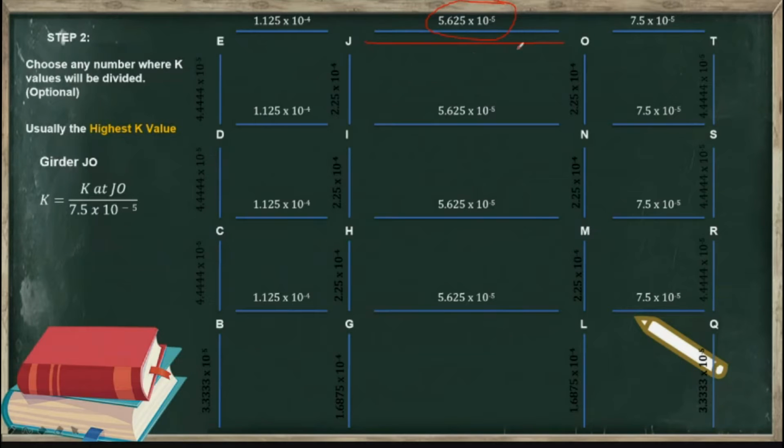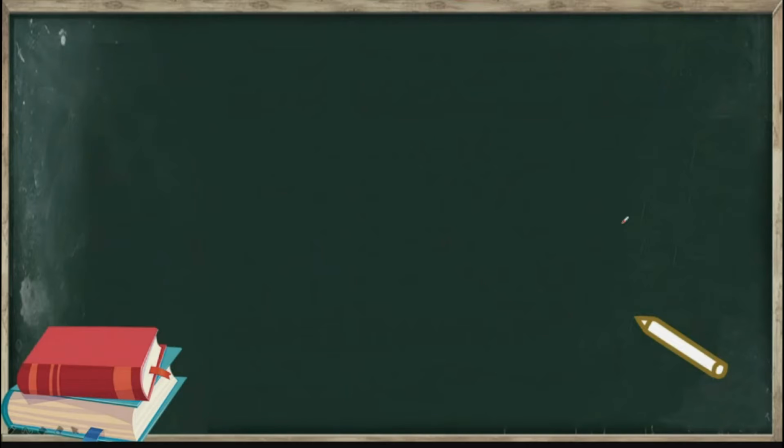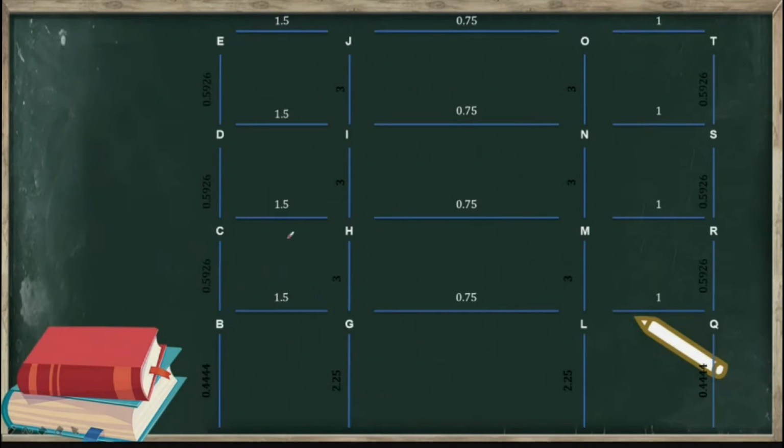We divide it by 7.5 times 10 raised to negative 5, and the value we get is 0.75. So we replace this value with 0.75. We do the same for everything, including the columns, dividing by the highest value of K. Here we have 7.5 for all of these, so their stiffness factors become 1. These are what we solved after dividing the stiffness factors we obtained.